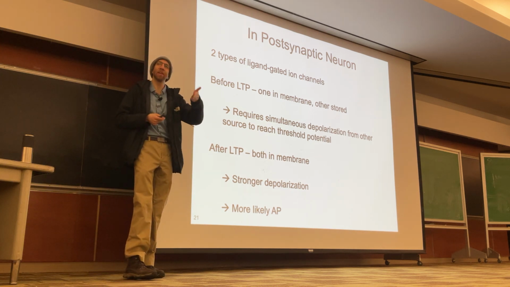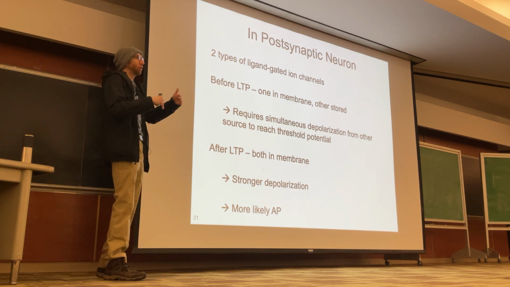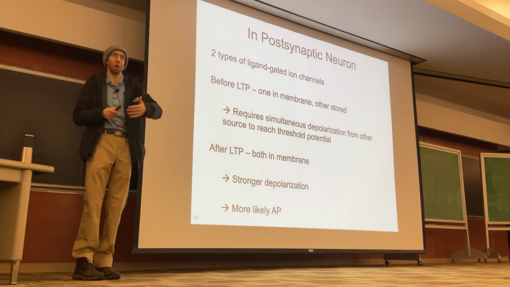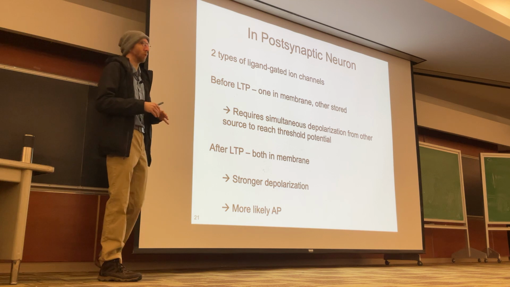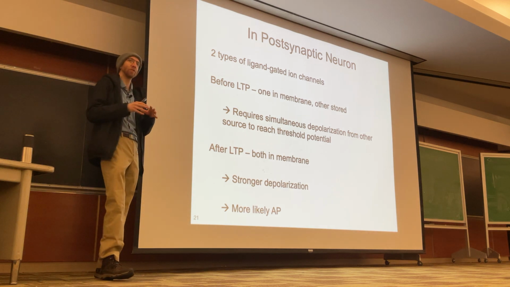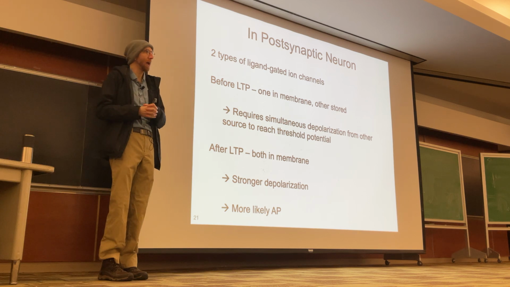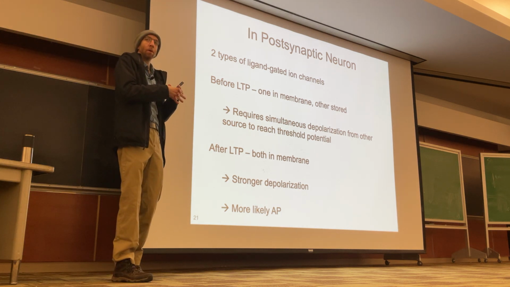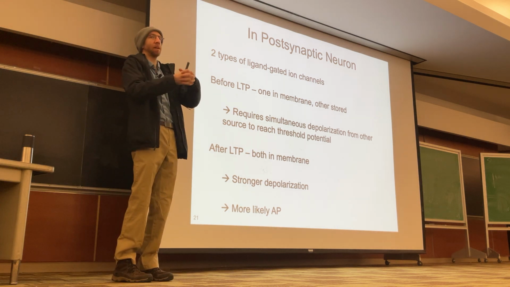You hit multiple signals at that same synapse, they're going to stack on each other, and they're going to be strong enough to achieve the threshold potential and trigger an action potential in the postsynaptic cell. Right? That's the point of long-term potentiation. You strengthen a synapse by physically adding more receptors to it, and those ligand-gated receptors allow you to trigger a stronger depolarization from a single synapse.